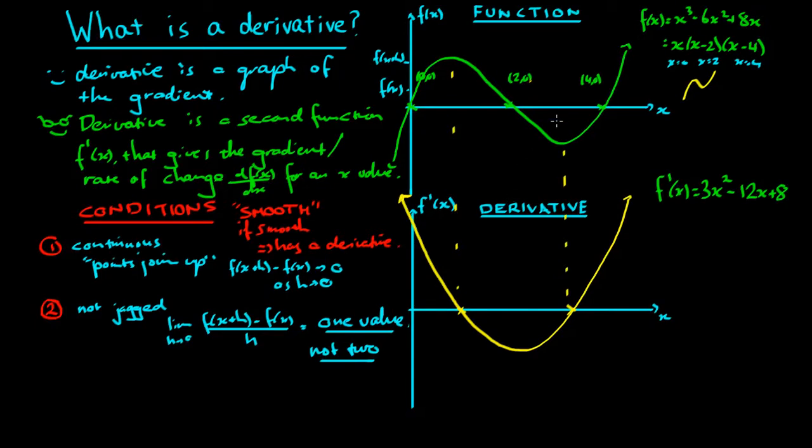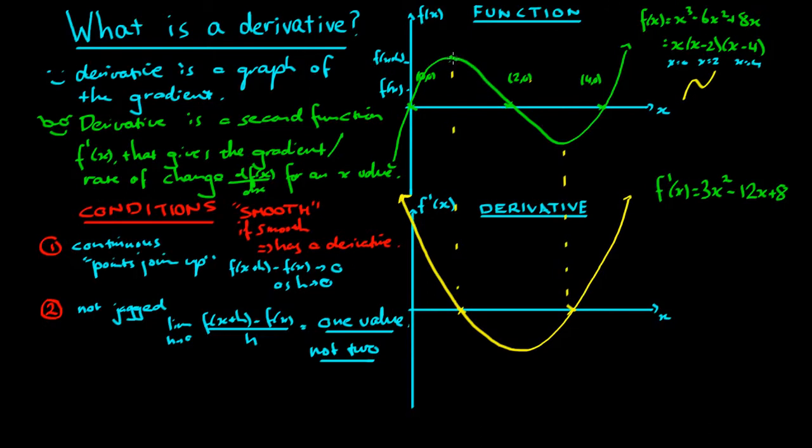Let's see if this function above, f of x equals x cubed take 6x squared plus 8x, actually satisfies the conditions we've laid out on the left here. First of all, is it continuous? Well, visually, we can see that all points join up with the next point along. There's no big jumps.